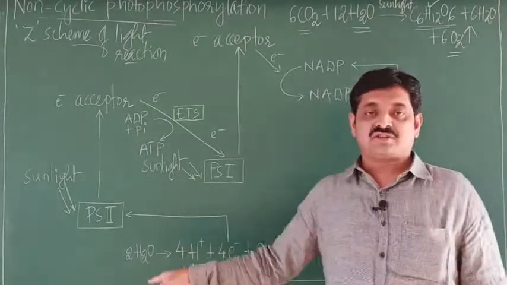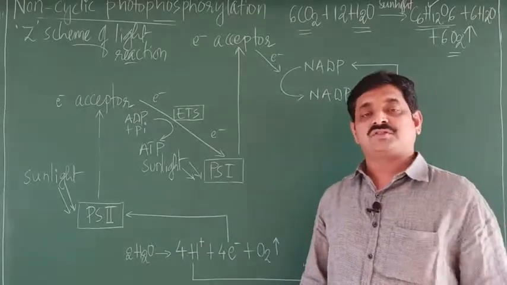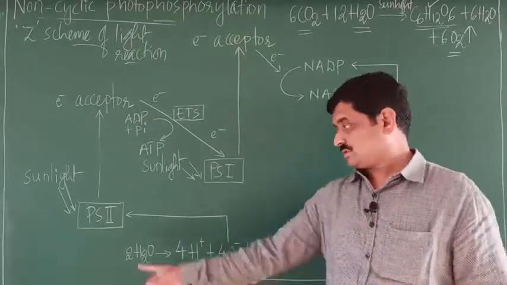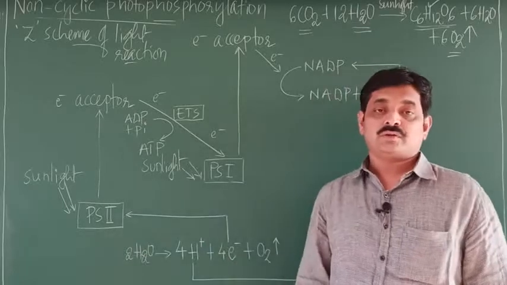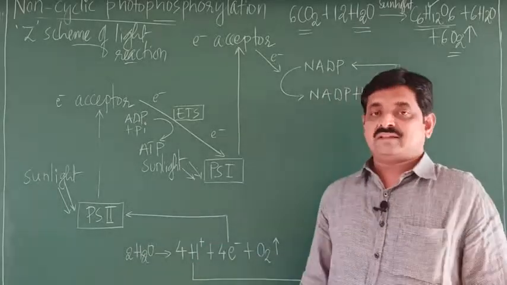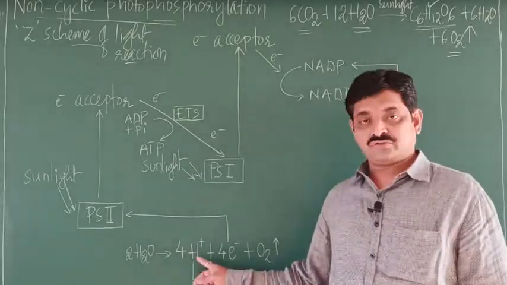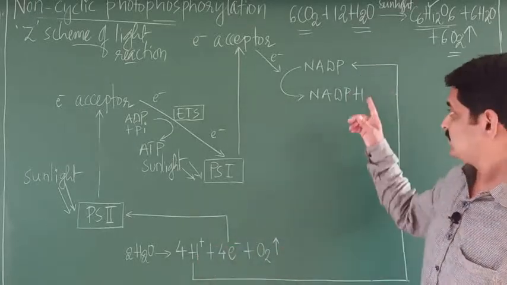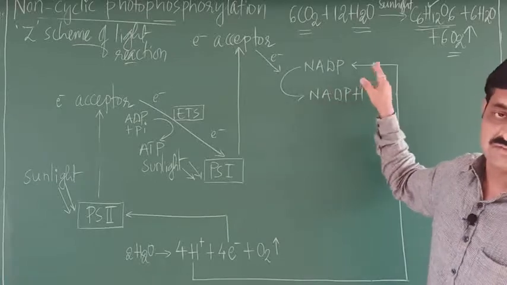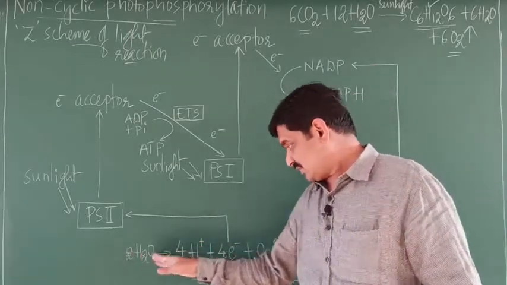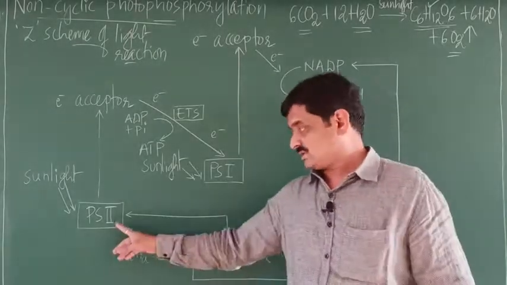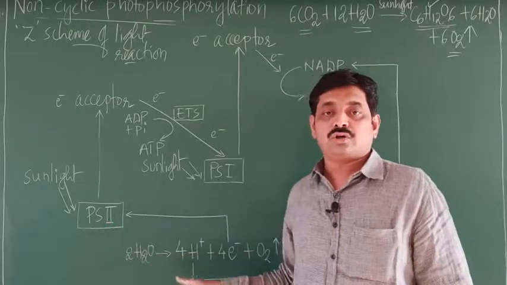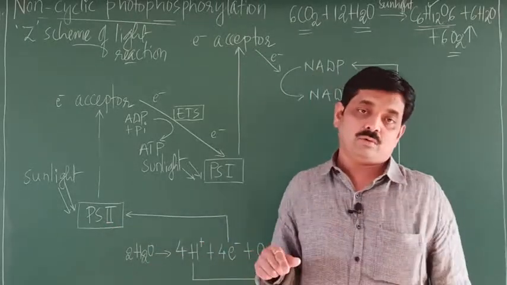So this is the reaction which provides electrons to photosystem 2. It is also the reaction that supplies protons or hydrogen atoms, which we shall consider after some time. This reaction which occurs in photosystem 2 is called photolysis of water.